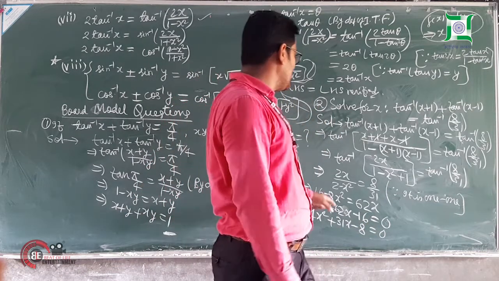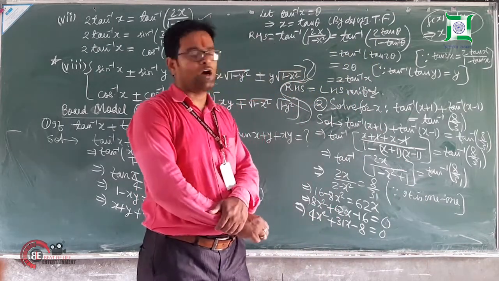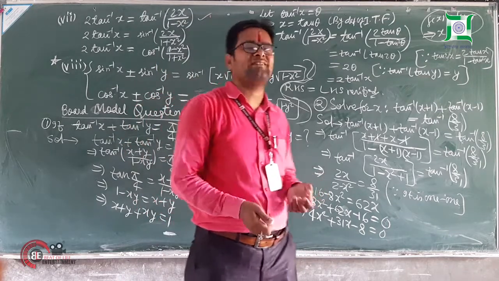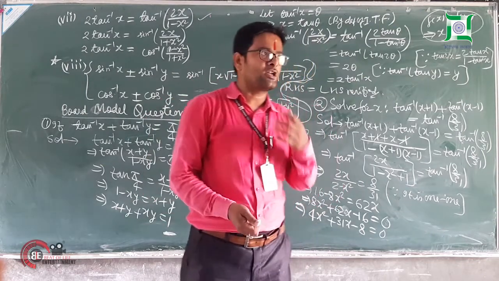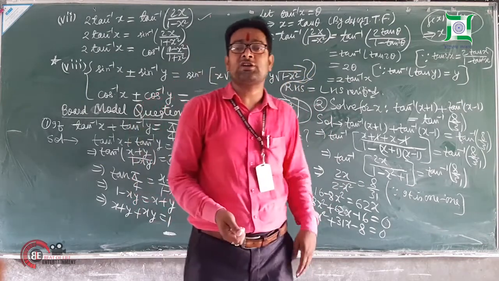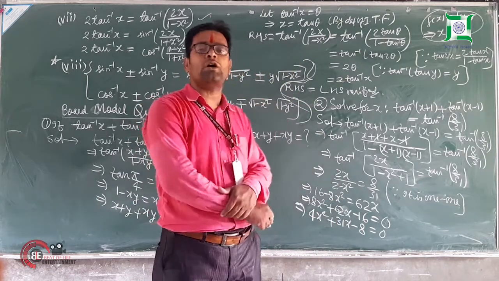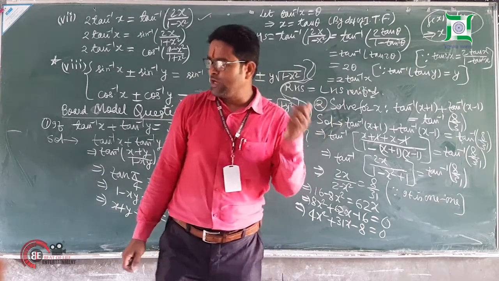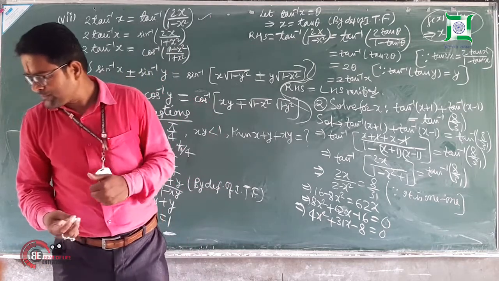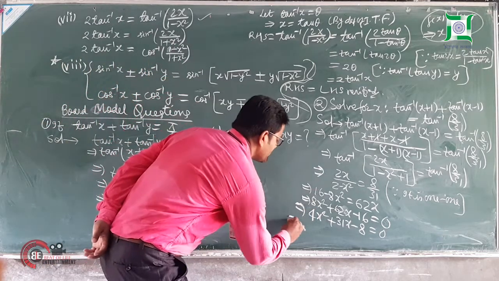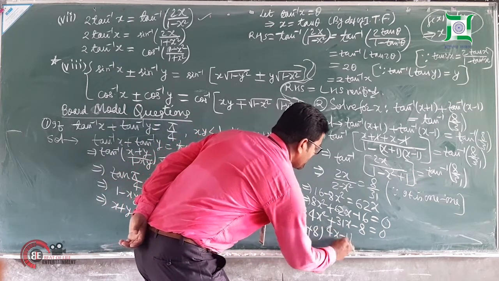Now see, we have to factorize it. How will you factorize? If you face problem in factorizing, just apply the quadratic formula, or usually we say the Sridharacharya formula by the great Indian mathematician. We can find the values of x. The factors will be x plus 8 and 4x minus 1 is equal to 0.